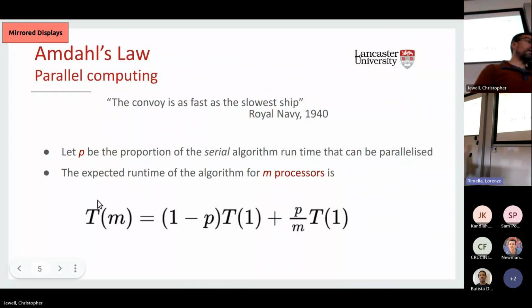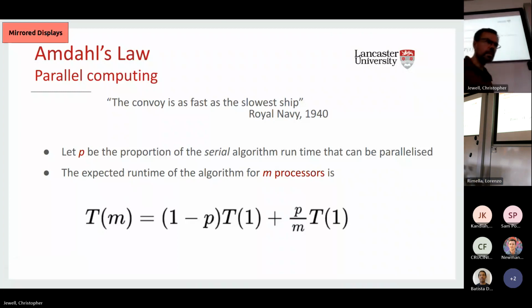And then we've got this function capital T, which is really the execution time of my algorithm. And what I want to know is how the execution time of my algorithm scales as I increase the number of cores. Well, the proportion P, so T(1) is the time my algorithm would take under serial execution, the time it would take one processor to run the algorithm.